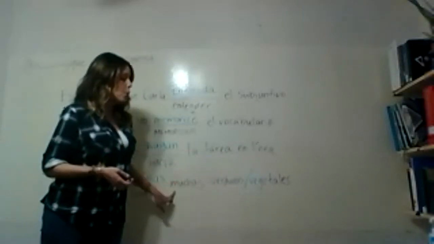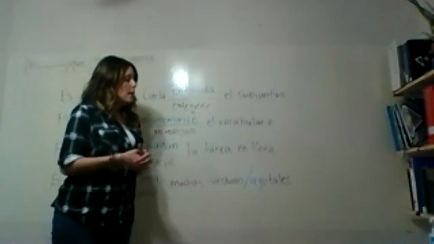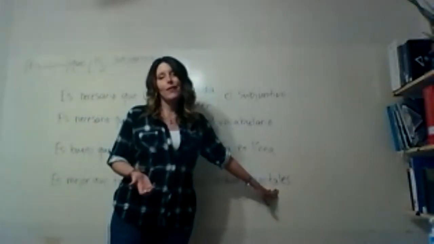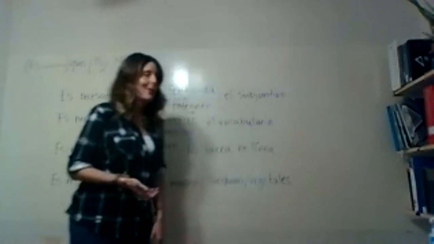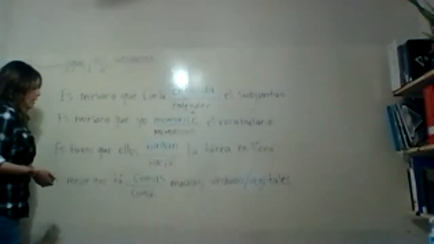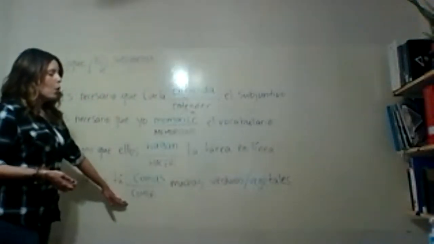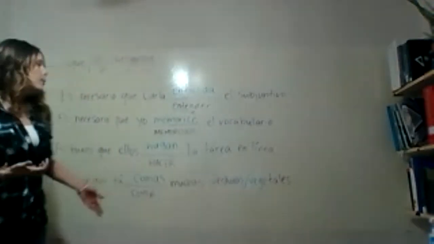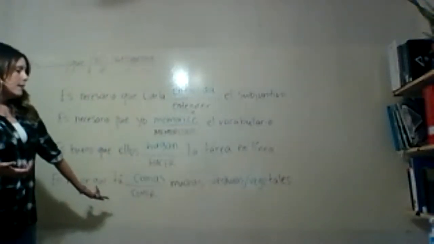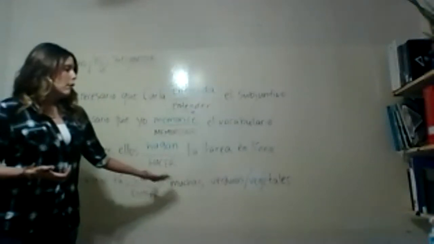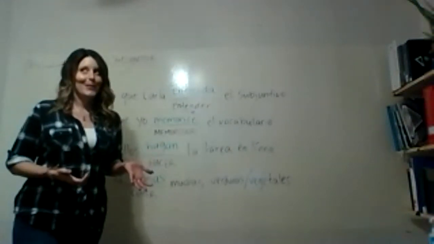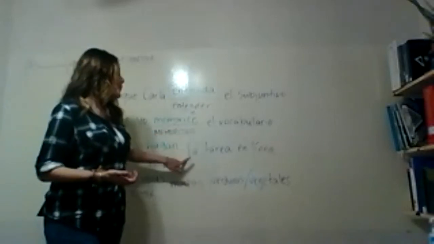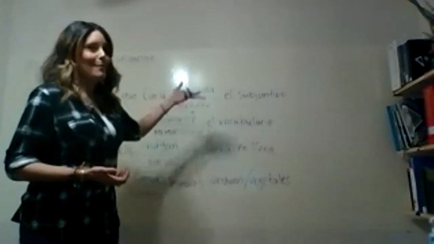And obviously, muchas verduras, or it would be muchos vegetales, because vegetales happens to be a masculine plural noun. So, es mejor que tú comas muchas verduras. Let's just pretend that's the sentence. And it would be, it's best, or it's better that you eat a lot of vegetables. So eat healthy and memorize your vocabulary and do your homework online and understand the subjunctive.